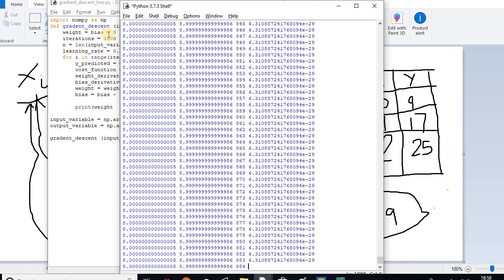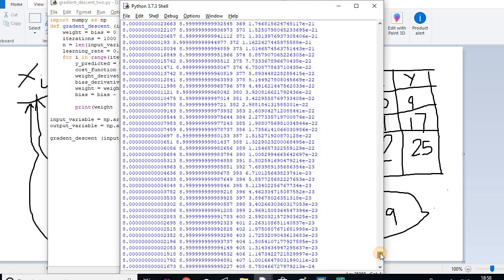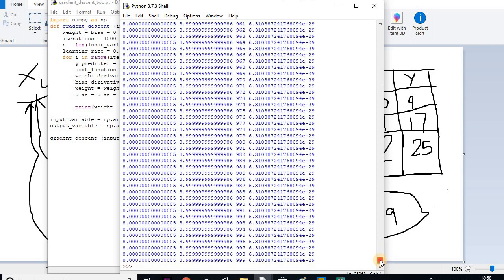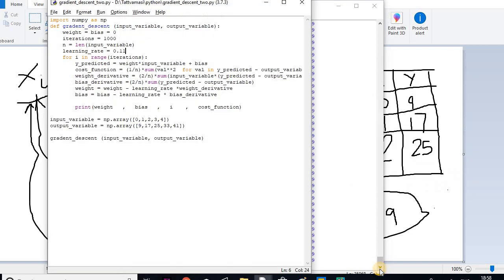So here also it's decreasing only in this value as well. The cost function is decreasing. This is really interesting. See here it is minus 29, it is decreasing for this value as well.